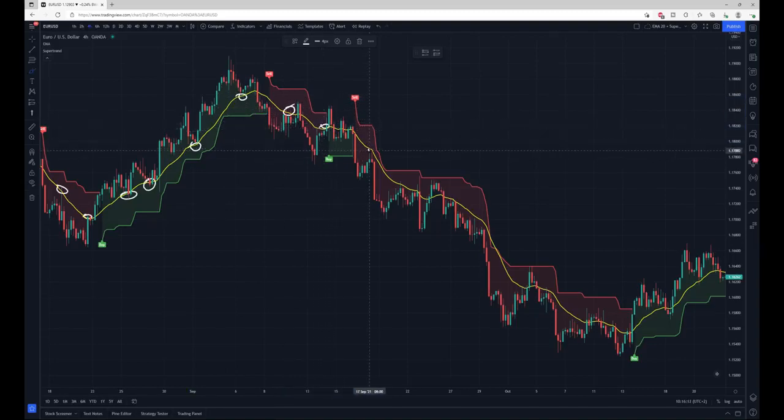So we're looking for pullbacks going with the trend and essentially just expecting a continuation move of that trend direction, which is determined by the super trend. So you have something telling you what the trend is, and you have something telling you when you're at an area of value and a good time to look for a potential trading opportunity.